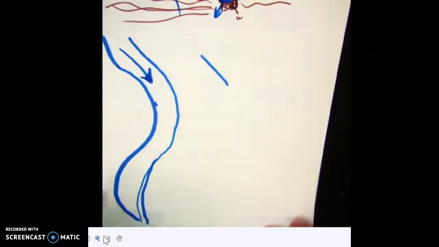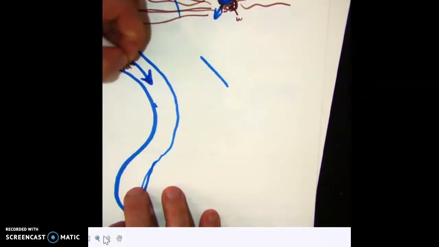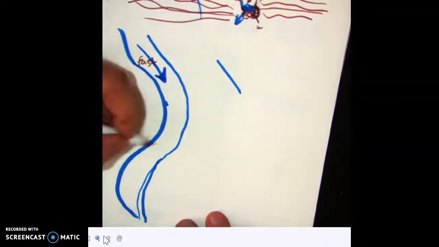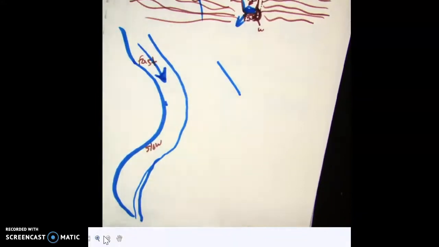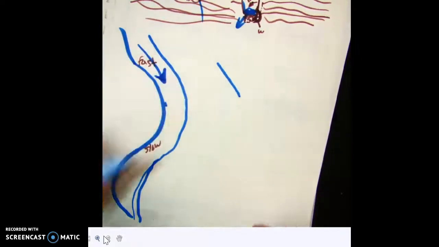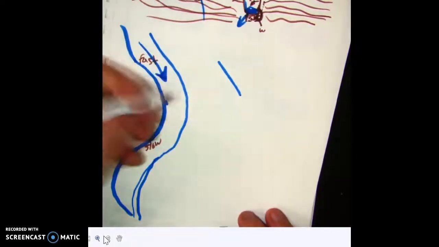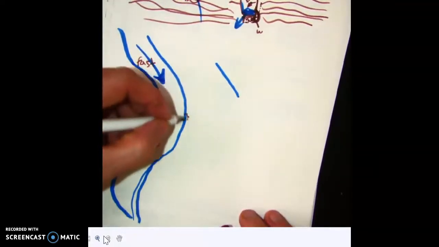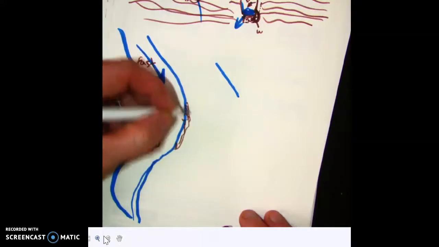But as it goes around the corner, it can go fast here, gain speed. Here it's got to go slow because it went around the corner. It's actually going to run into the corner, right? And it's going to start to cut away at this bank.